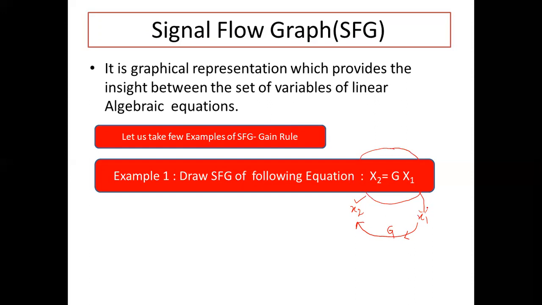It means there is a state variable which is getting multiplied by g, and further it results into another state variable, that is x2. How can the signal flow graph be drawn for this particular system or equation?